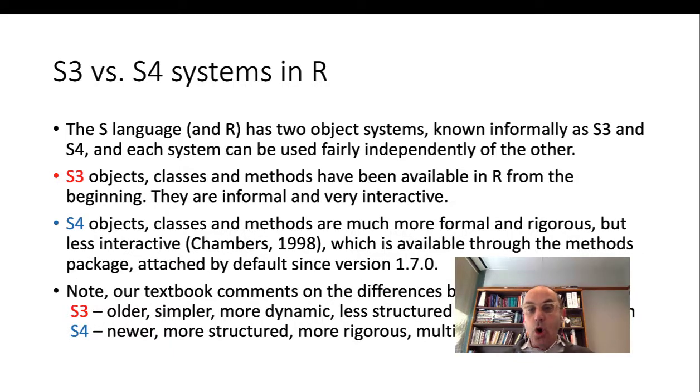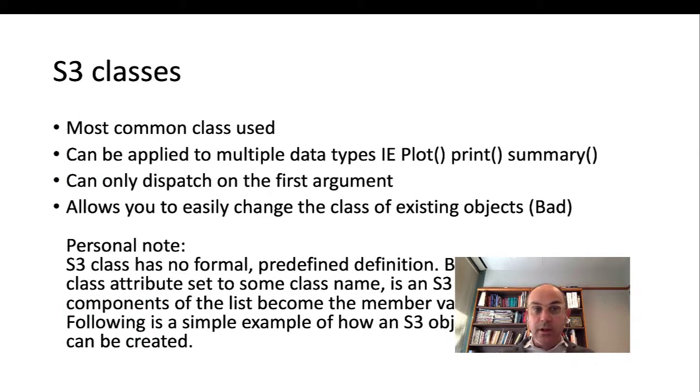I would like to note that our textbook comments on the difference between S3 and S4: S3 is older, simpler, more dynamic, but less structured, and has single dispatch. In comparison, S4 is more structured, more rigorous, and has multiple dispatch, which allows us to do more with that. So what do S3 classes stand for?